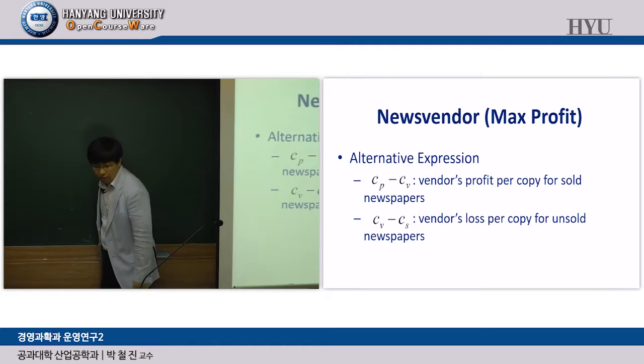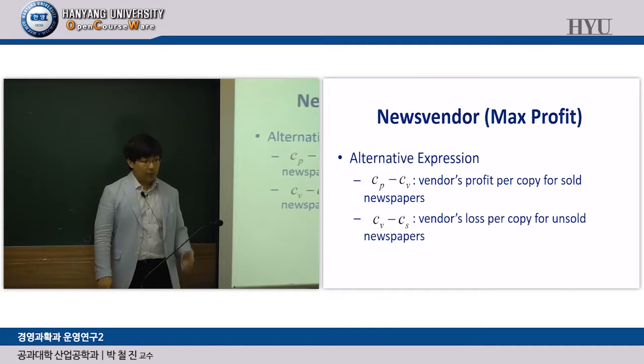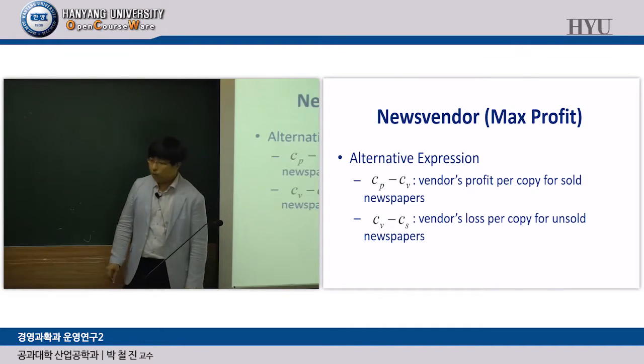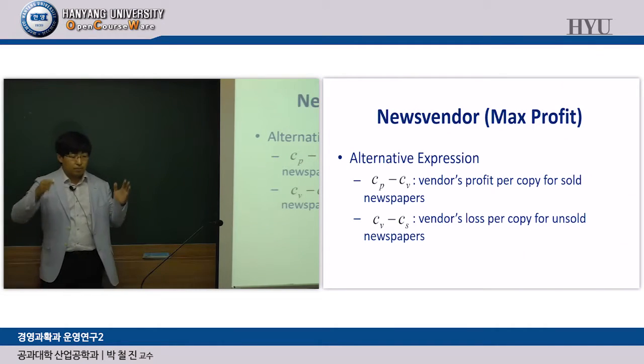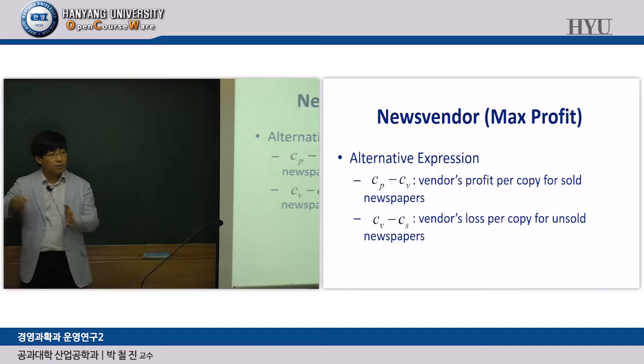So based on this vendor's point of view, we can rewrite this profit function P of Y and D as vendor's profit minus vendor's loss.